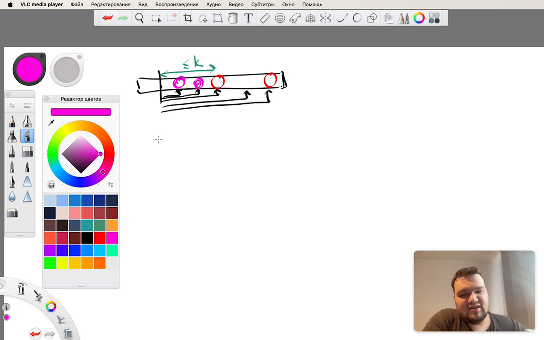So what can we say? We can say that if the set doesn't include like those two letters, then, well, okay, if this distance is less than k, then nothing bad happens.